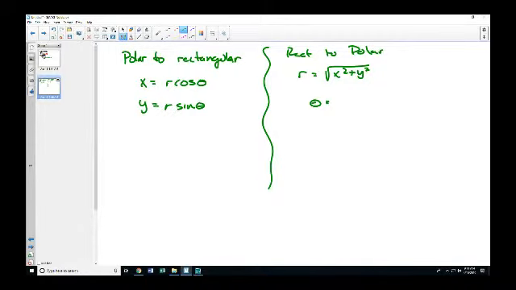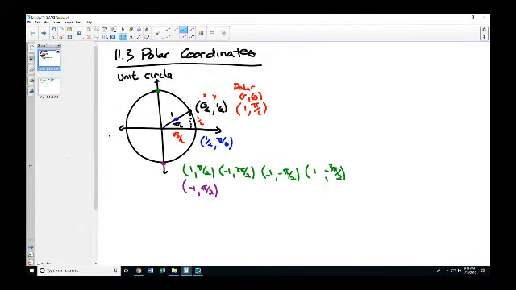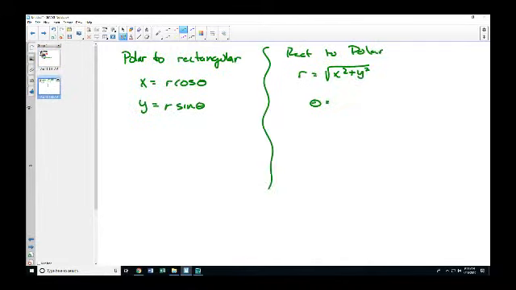And how would you calculate the angle measure based on x and y with trigonometry? It's opposite and adjacent, right? So tangent. SOH CAH TOA, T-O-A.